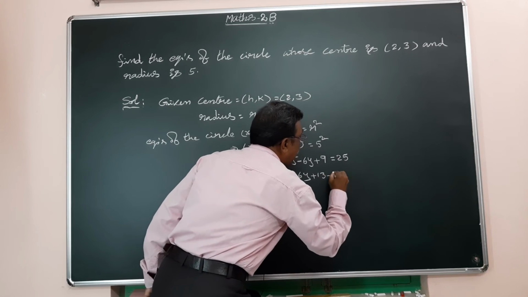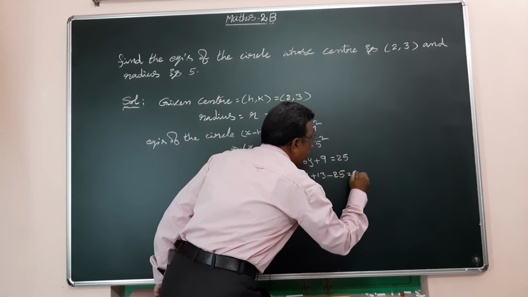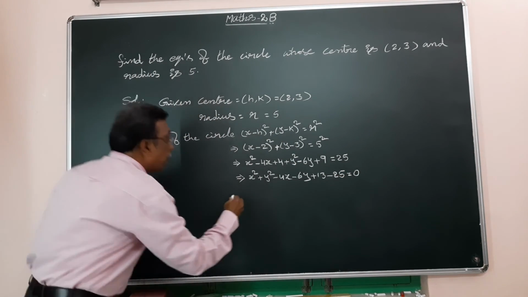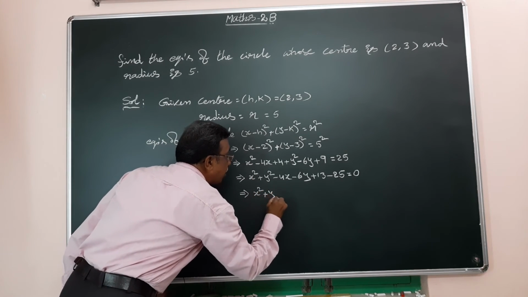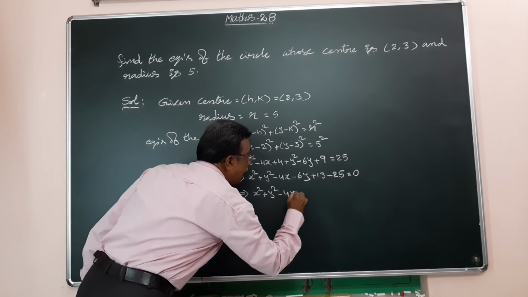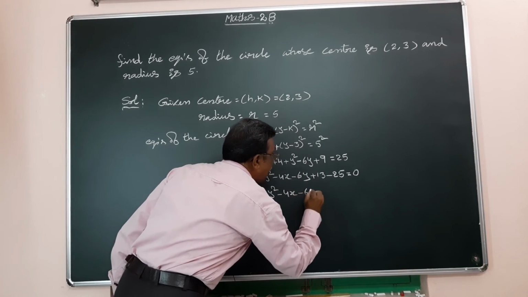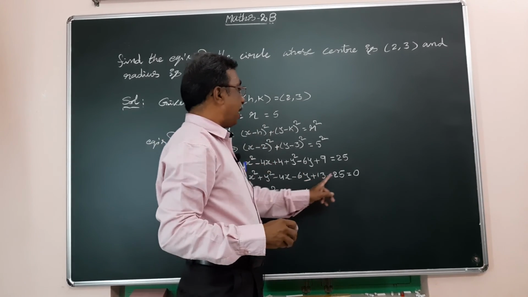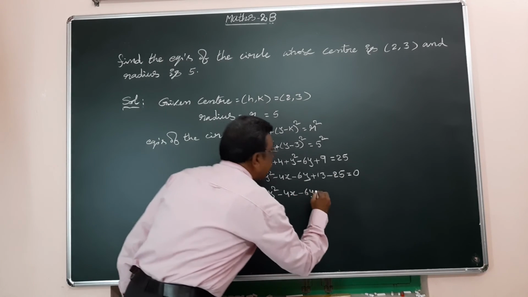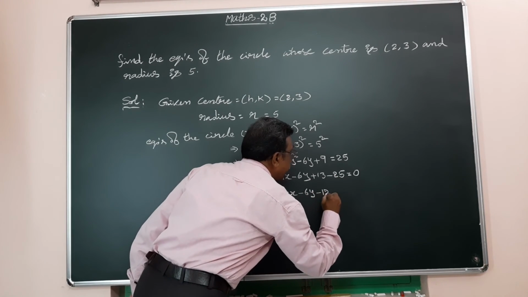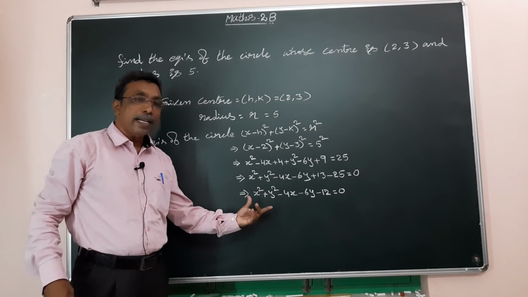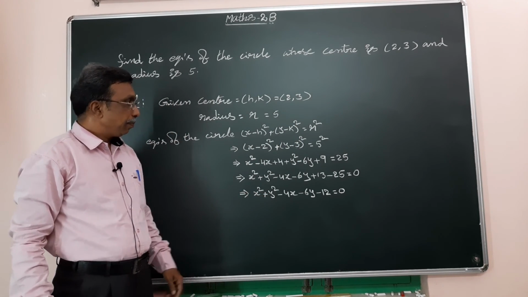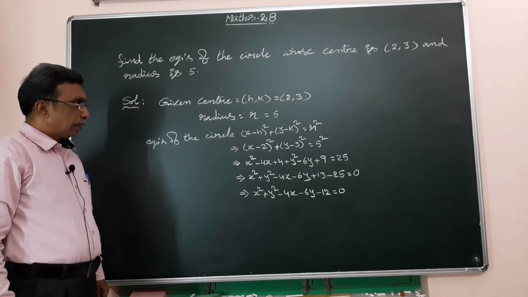Plus 25 becomes minus 25 equal to 0. That implies x square plus y square minus 4x minus 6y, 13 minus 25, how much? Minus 12 equal to 0. This is the equation of the circle.